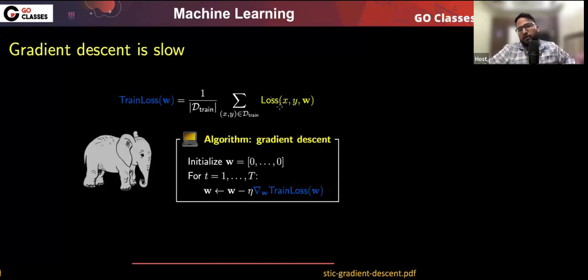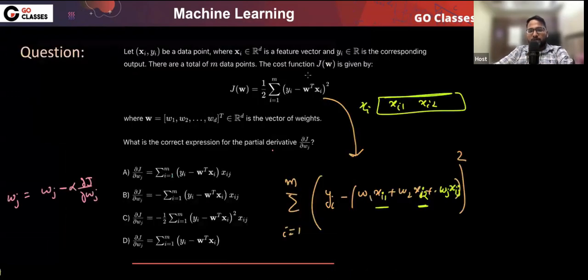See, let's just call, whatever is inside this one quantity, is it for one data point or for multiple data points? Just one quantity. Tell me, just this. Just for the i-th data point, isn't it?